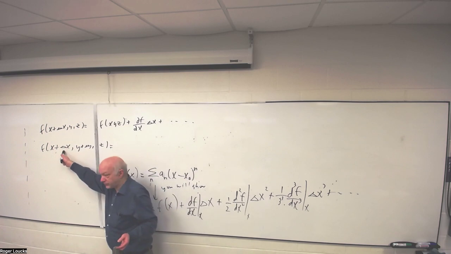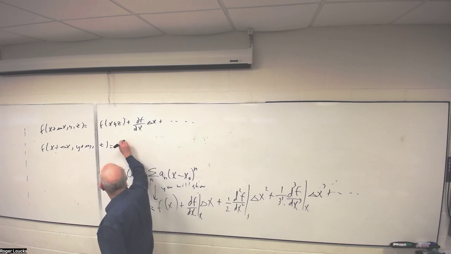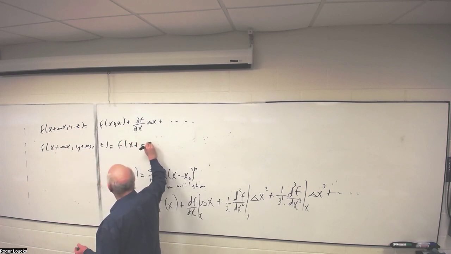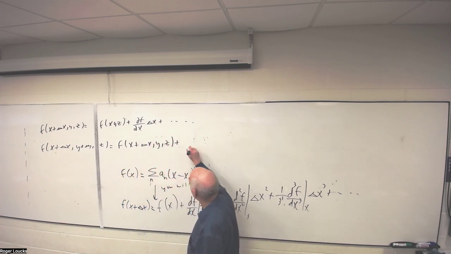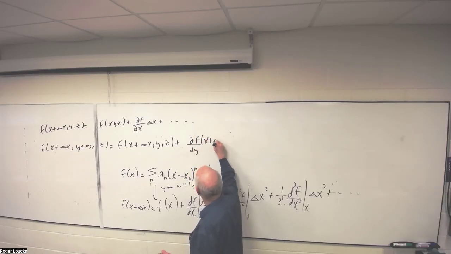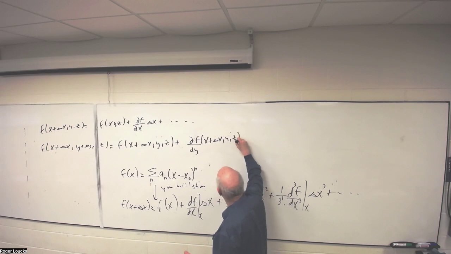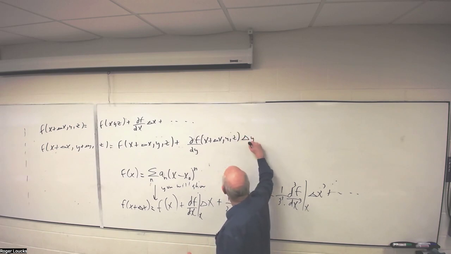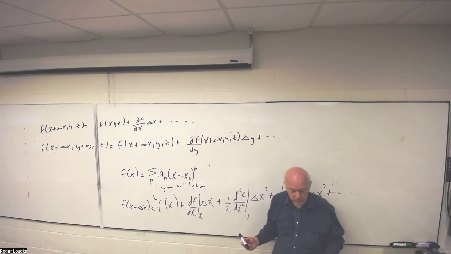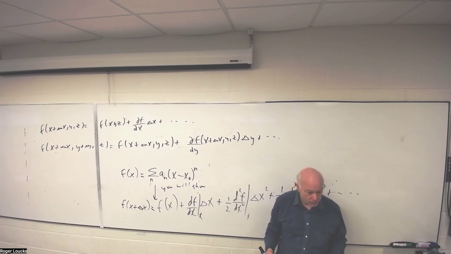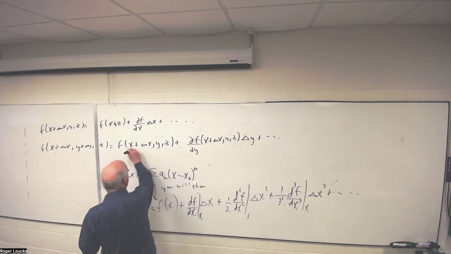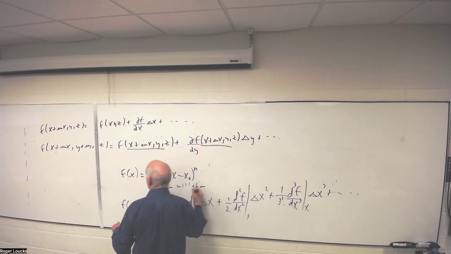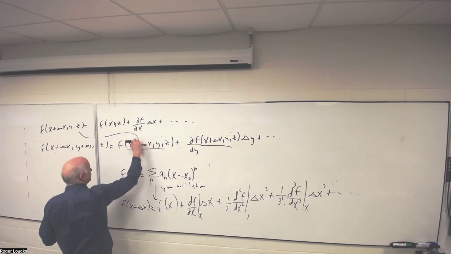If this is just fixed, f of x plus delta x, y, plus the partial of f with respect to y at x plus delta x, times delta y, and so on. And then what did we do? Plug in for x plus delta x, for this and all the subsequent ones, and pop that in here.